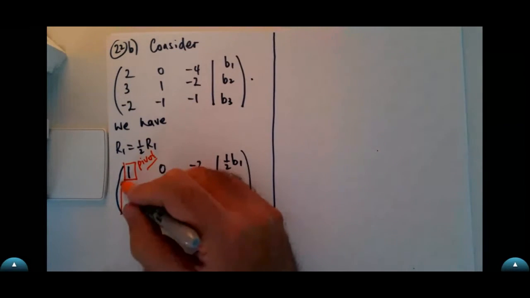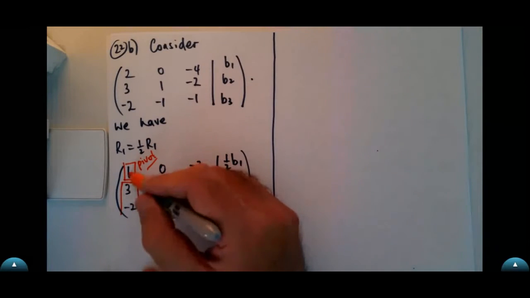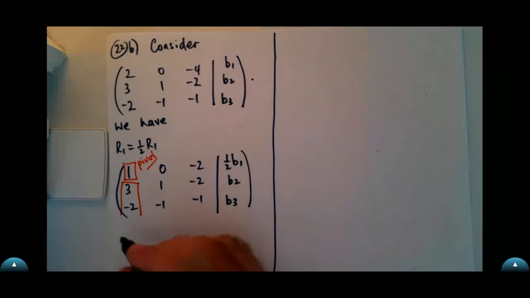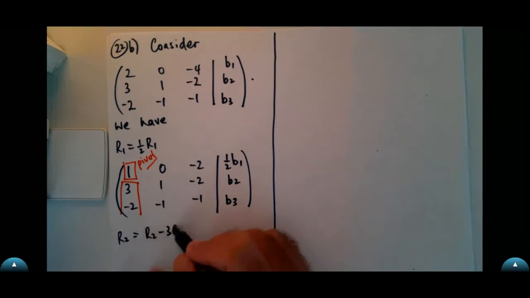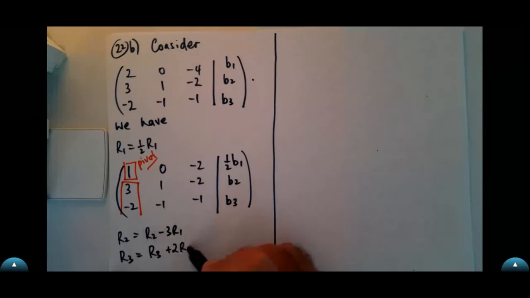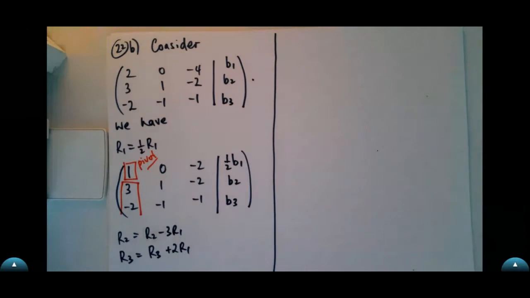And what I would want to do now is make everything in the column below that equal to 0. So now let's use your suggestions. Row 2 is going to become row 2 minus 3 row 1, and row 3 is going to become row 3 plus 2 row 1.